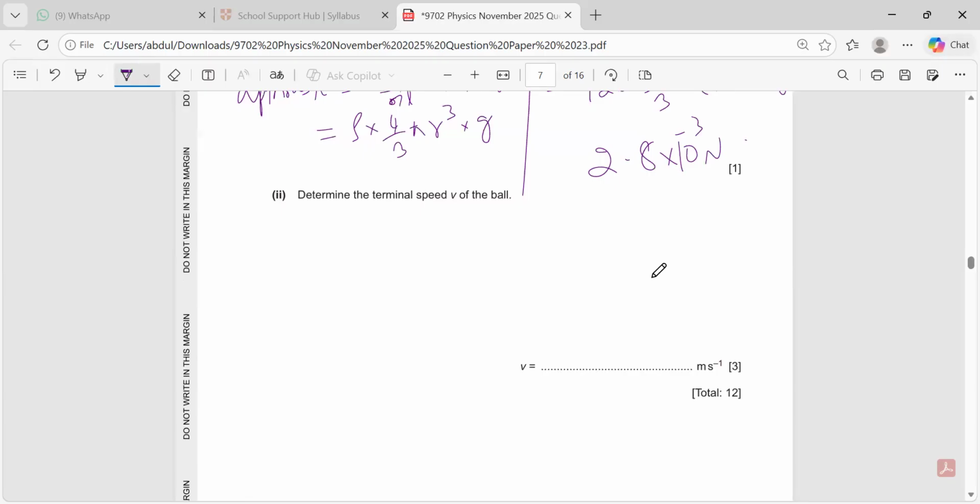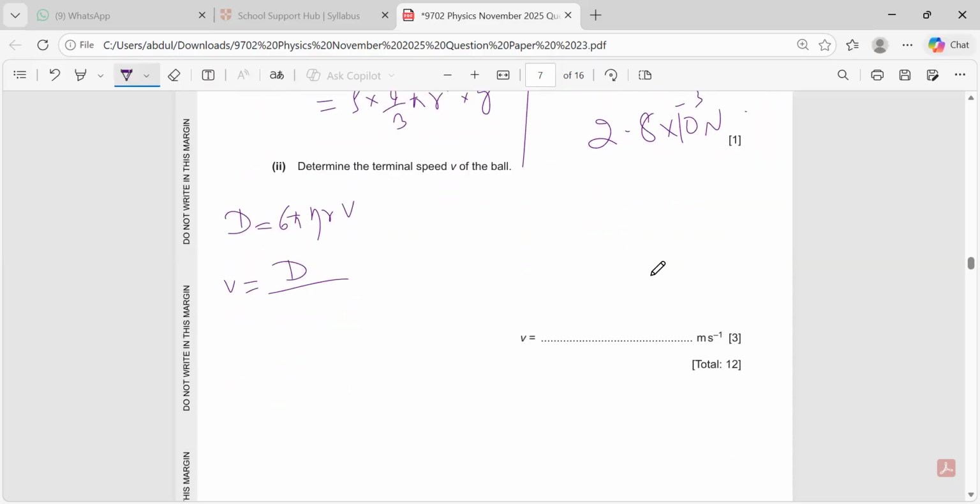Now, what is next? Next is, determine the terminal speed of the ball. So very simple, again, see, D is equal to 6 pi eta r v. So v is the terminal velocity. Making v the subject of the equation, it will become D over 6 pi eta r.